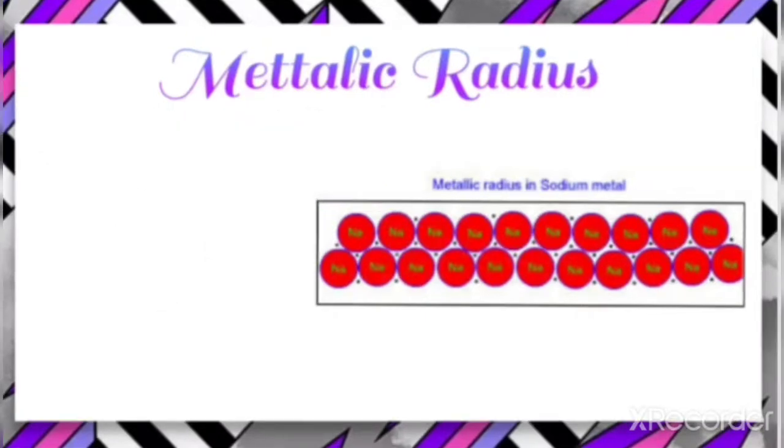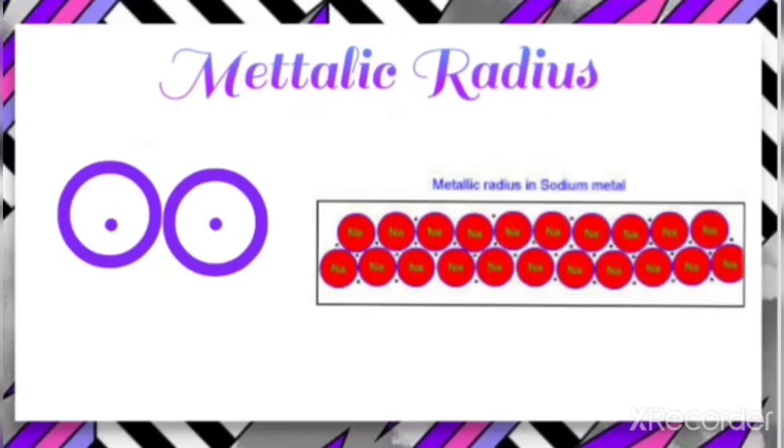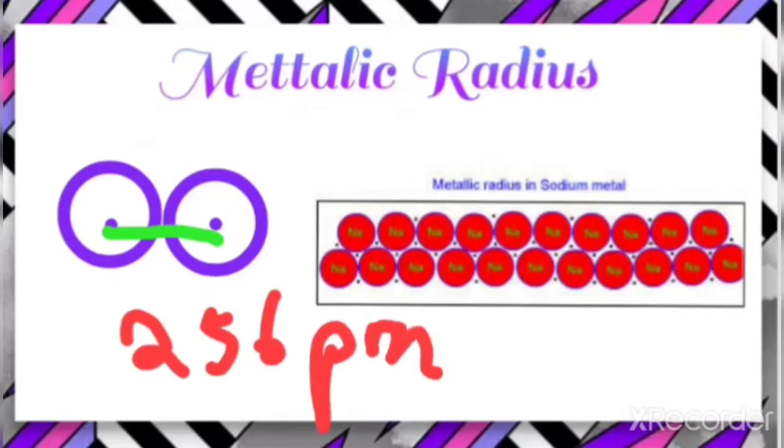Let us take the case of the copper atom. This is one copper atom, this is another copper atom. The internuclear distance between the two copper atoms, from this center to this center, when we measure it, was found to be 256 pm. 256 pm, that is for the copper atom.